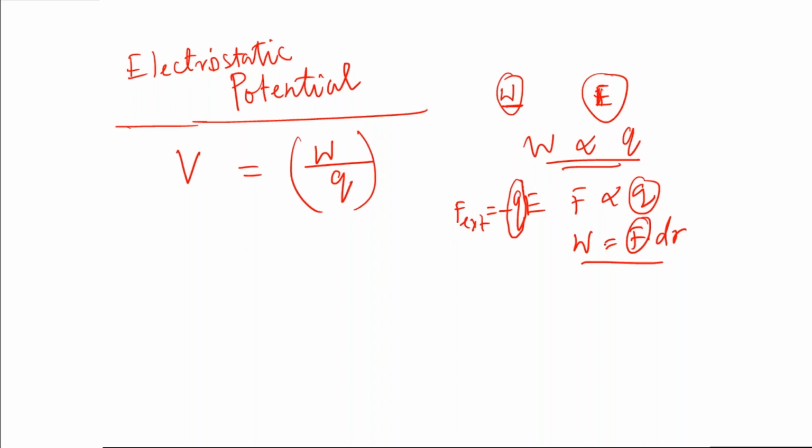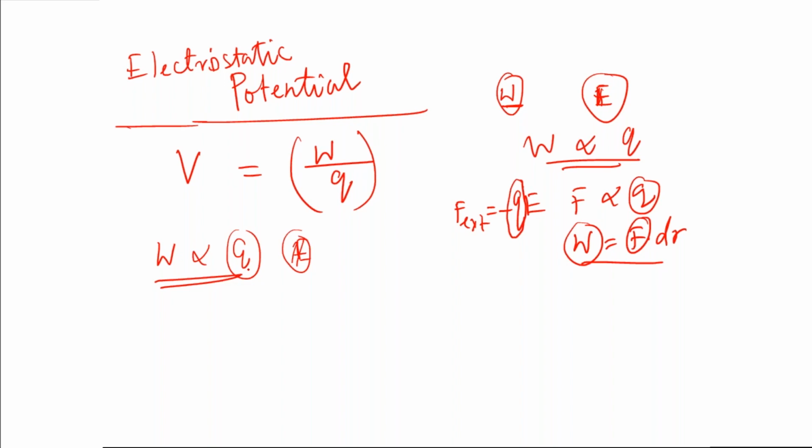So the work done depends on the test charge you bring. It is not directly related only to the electric field, it is related to the test charge also. So you want to define a quantity which will not depend on it.